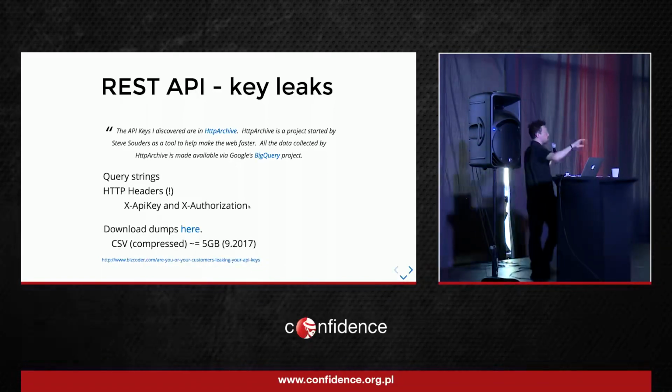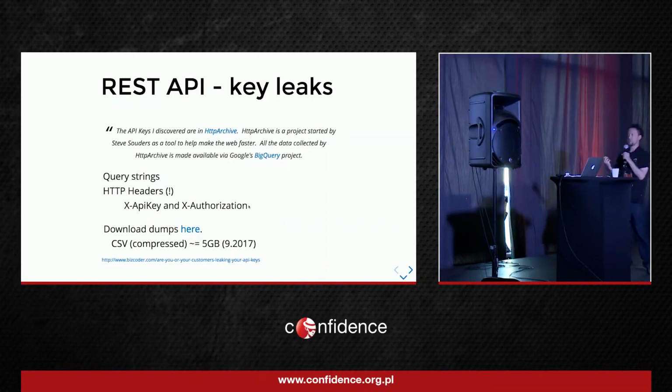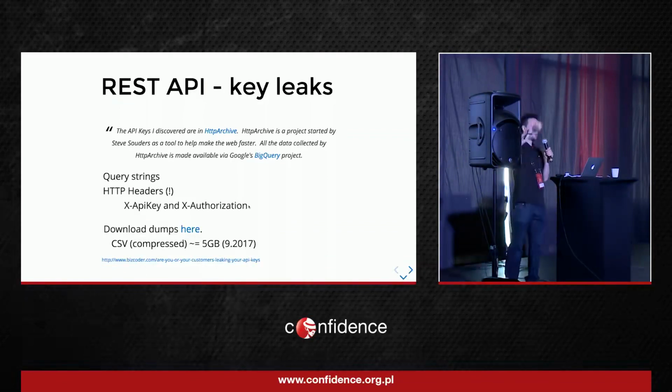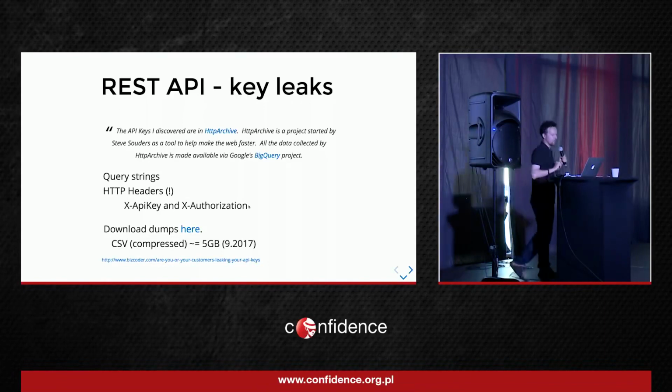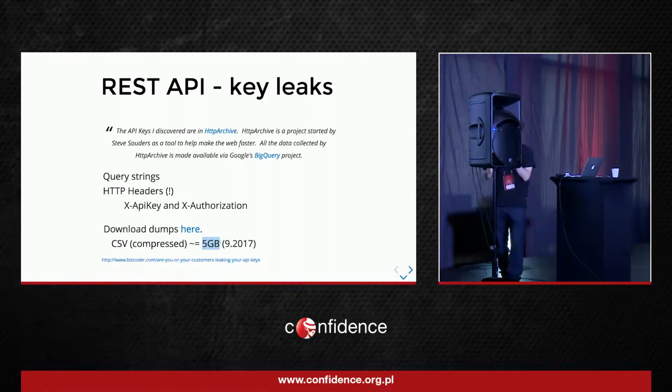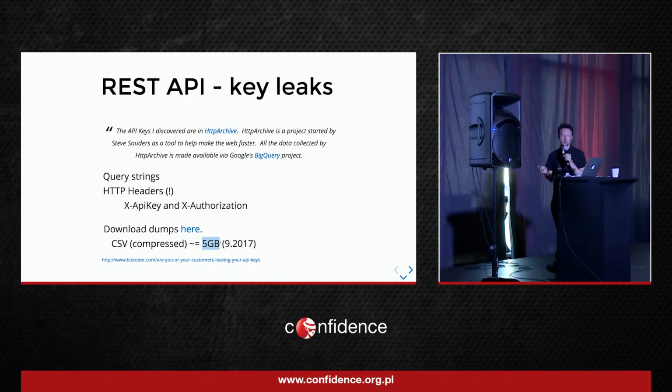Basically, they crawl, using a normal web browser, one million of the most popular sites according to a specific ranking, and save all this information, so request headers, response headers, and a couple more pieces of information, into a big file. The very basic file is 5 gigabytes compressed. The full file is tens of gigabytes compressed, and decompressed, hundreds of gigabytes or a couple of terabytes.